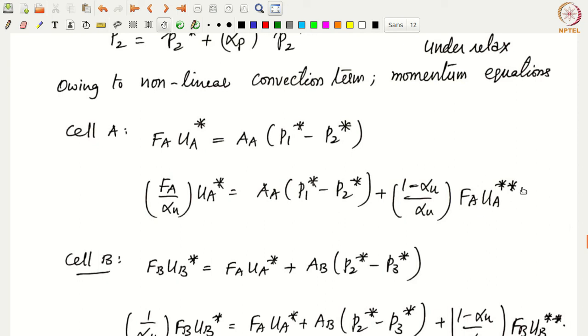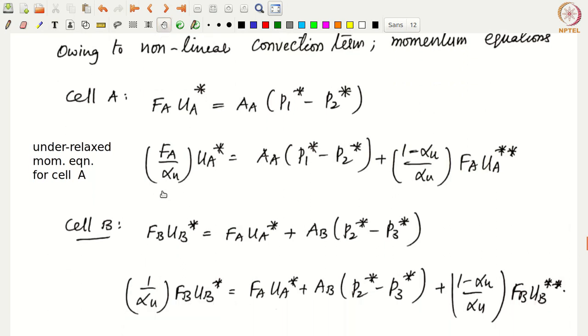Basically indicating that these terms are already known. So that is your under relaxed momentum equation for cell A, which we will use when we solve for the guess velocities and guess pressures to calculate the converged velocities at the cells. This is what you will use.